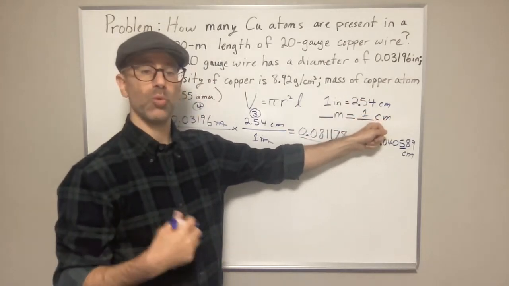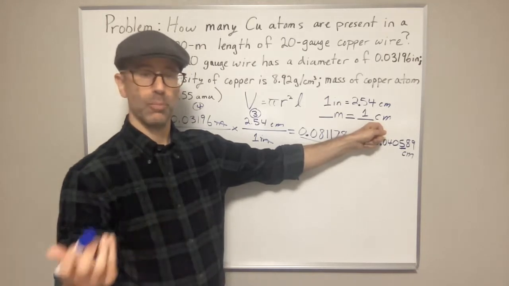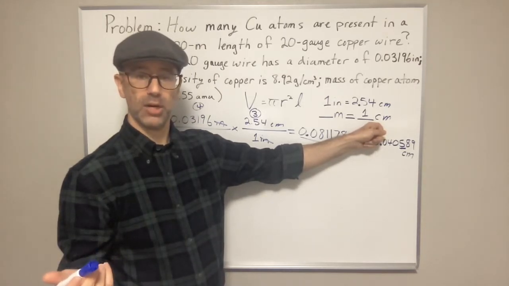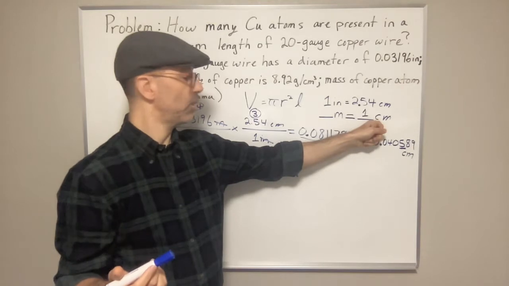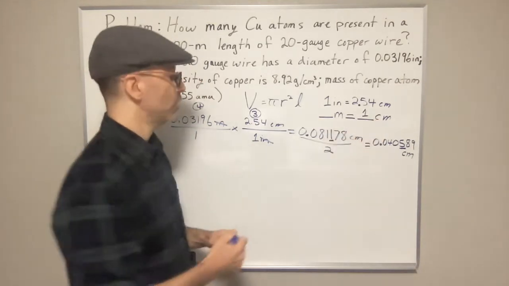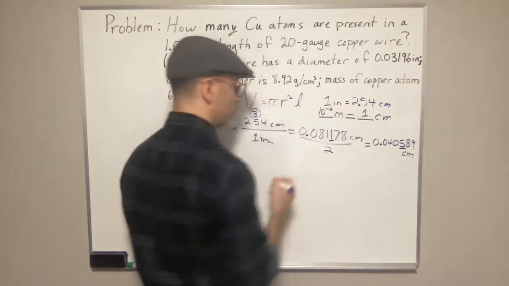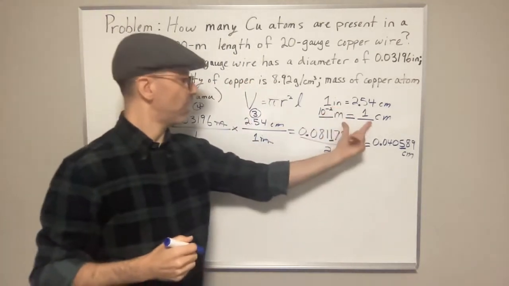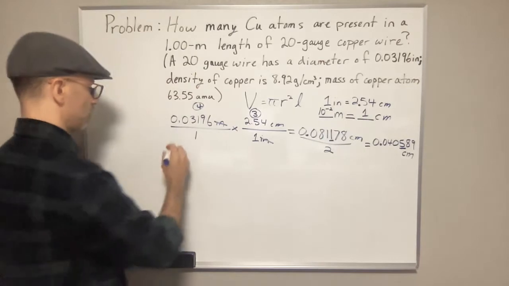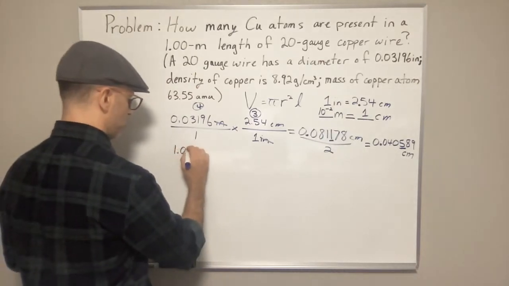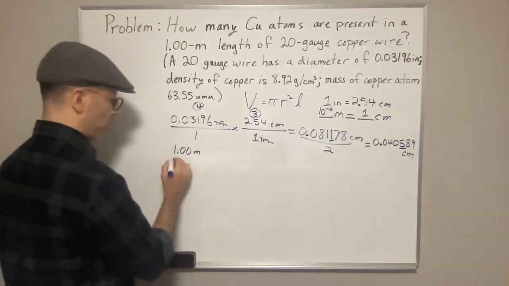Centi is 1/100th of your base unit. In this case, it's meter. So 1/100th of a meter, or 10 to the negative 2. So I'm going to put 10 to the negative 2 there. So there's my equality. So now I can use that to convert. So I have 1.00 meters of my copper wire.